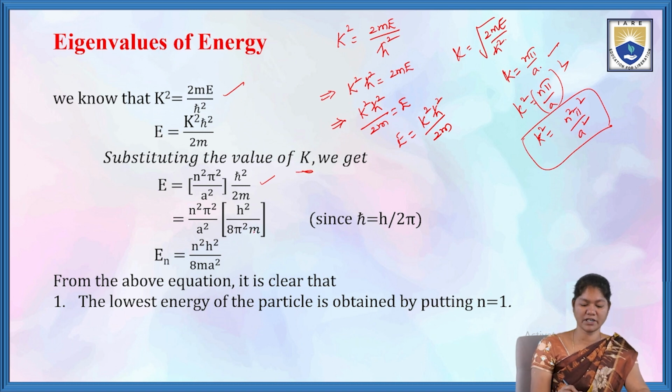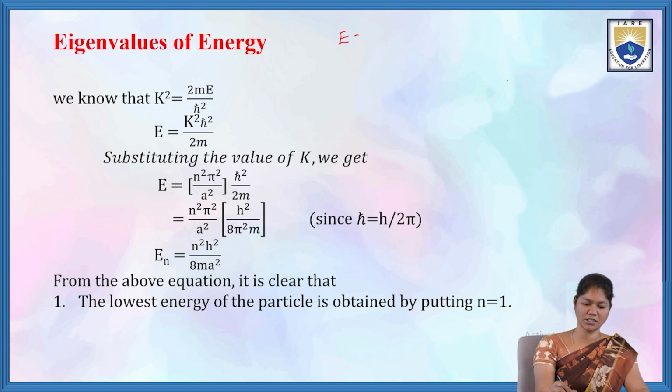So simplifying this, n²π²/a² into h²/8π²m. How do we get that? E = k²ħ²/2m.